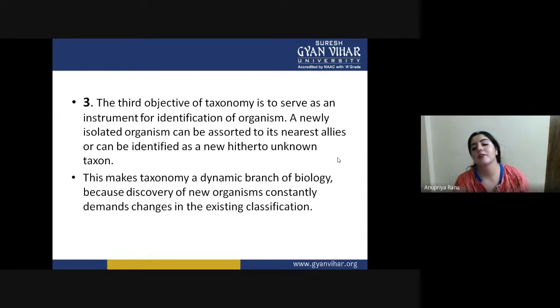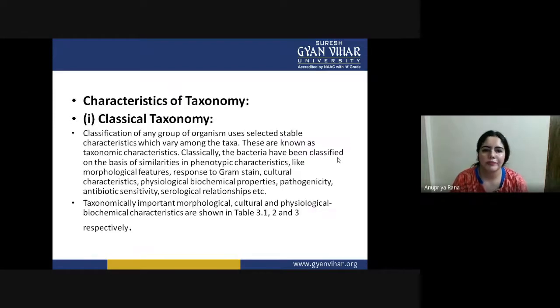So that's why this adaptation quality is very important, and this adaptation and changing should be done throughout our classification pattern. So that's why taxonomy is a dynamic branch of biology. Now, that was the objective of why we are doing classification.